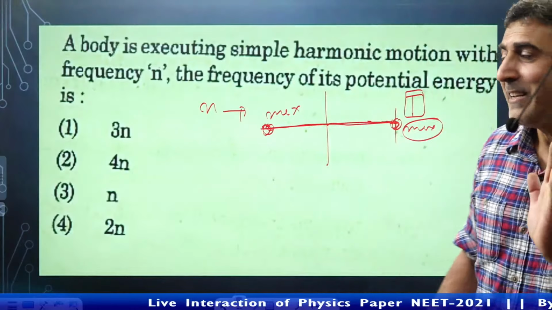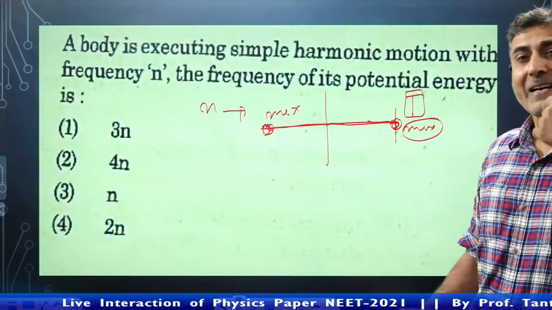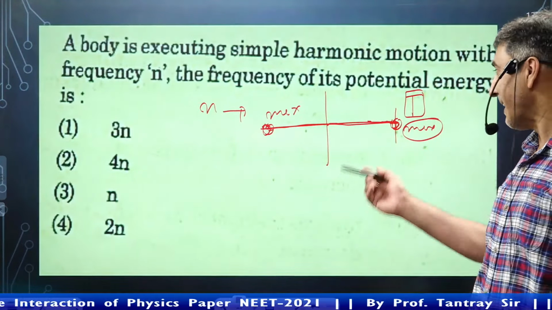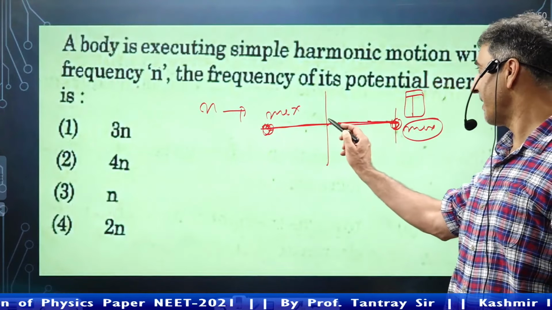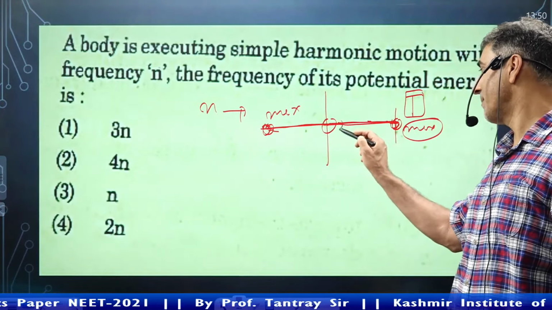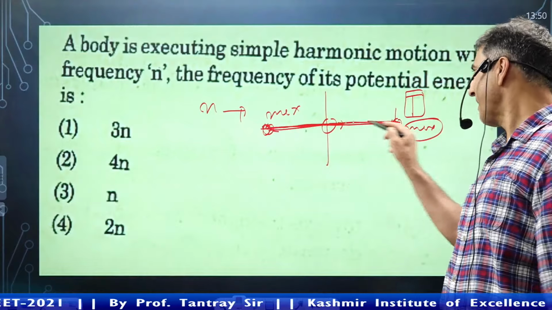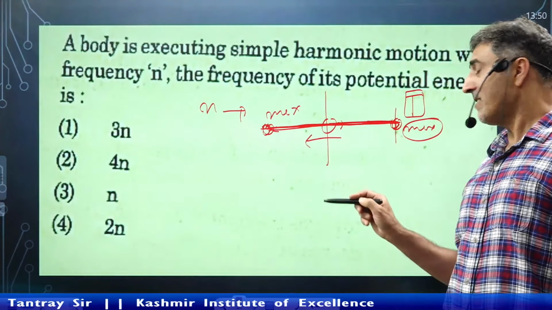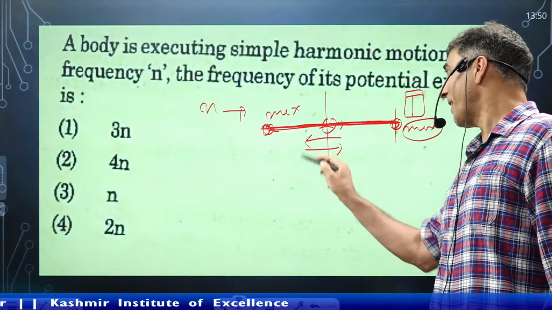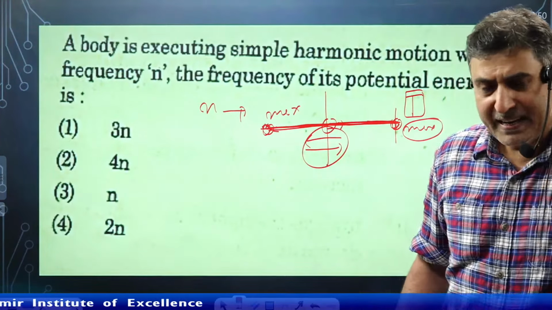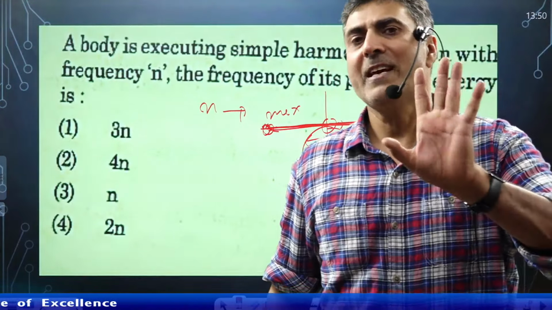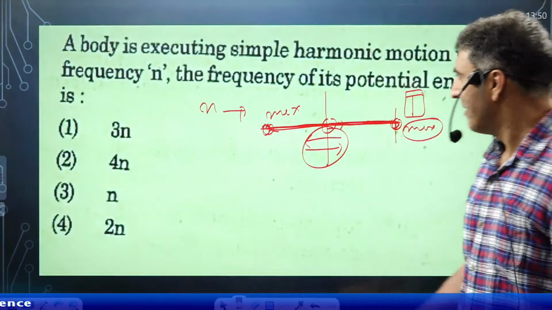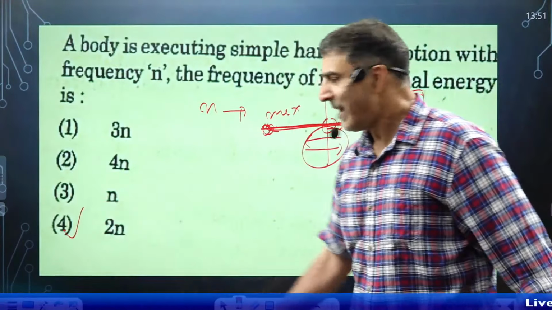That means its frequency must be twice that of the simple harmonic motion. Kinetic energy also twice. From here kinetic energy maximum, from back kinetic energy maximum. From here to here and back here is one oscillation. In one oscillation it achieves maximum kinetic energy twice. So whether it is kinetic energy or potential energy, the frequency has to be 2 times. So the answer must be this.